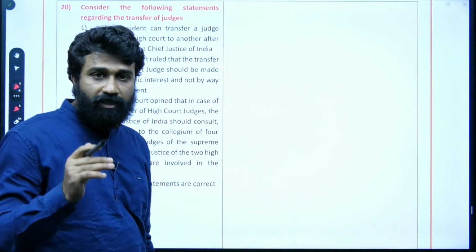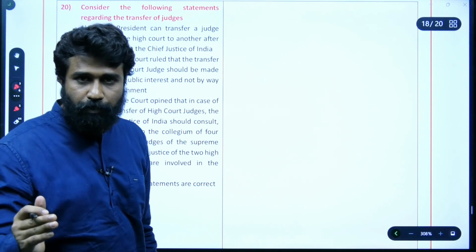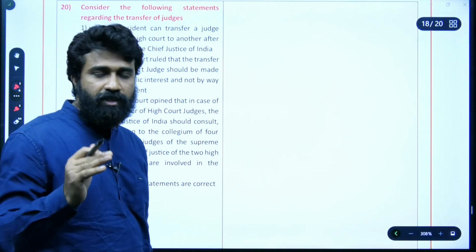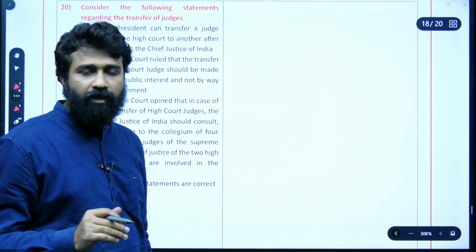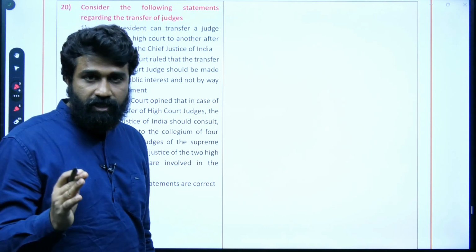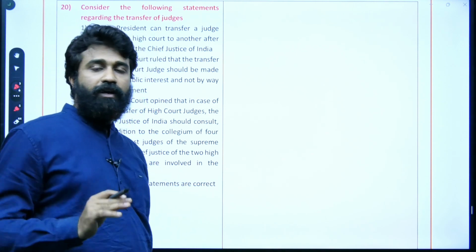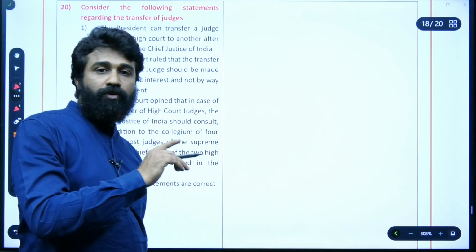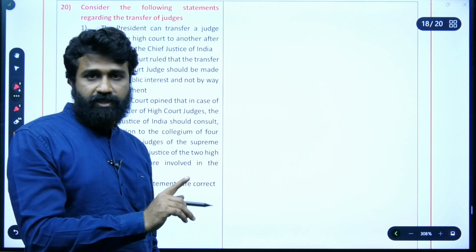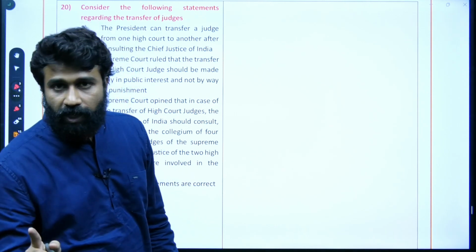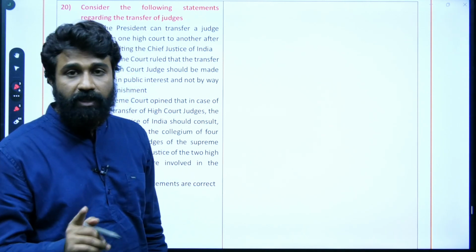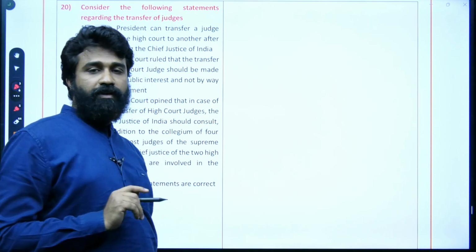If, hypothetically, a judge of the High Court of Andhra Pradesh is transferred to Telangana, the Supreme Court collegium of 5 judges will consult the Chief Justice of the Andhra Pradesh High Court and also the Chief Justice of the Telangana High Court. Simple.